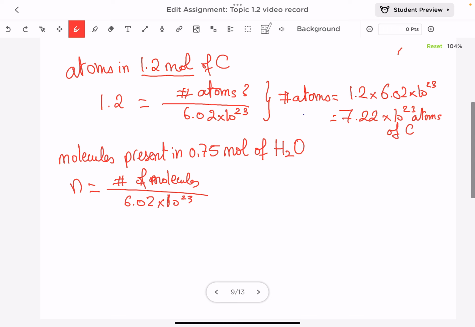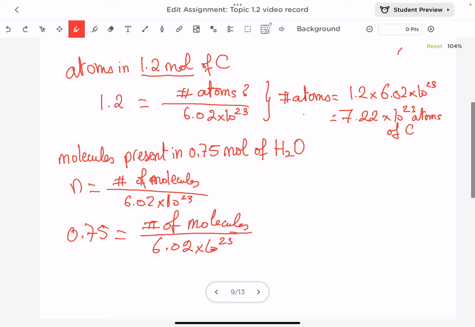So here we have 0.75 moles. I'm going to write it over here. 0.75, and the number of molecules divided by Avogadro's.